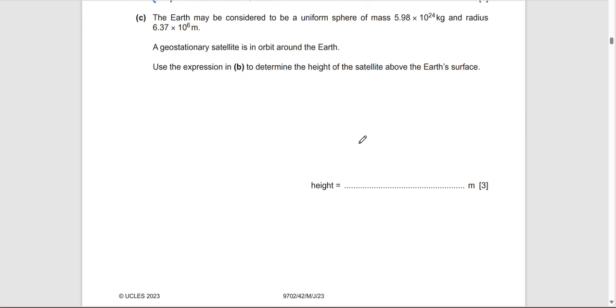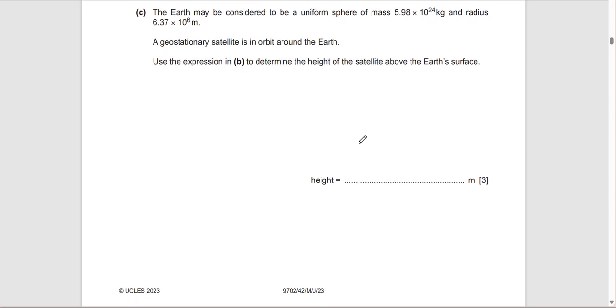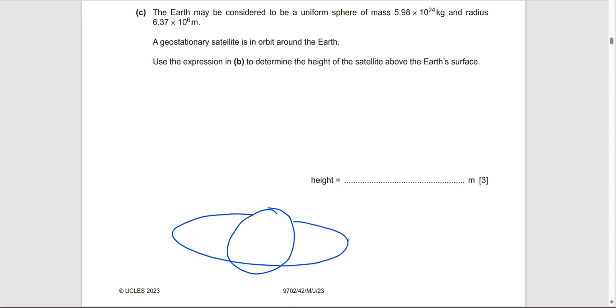Okay, so the illustration for this question is we have the Earth, and the outer line is the surface, and we have an orbit, and we have a satellite in that orbit, the geostationary satellite, right? So the question is saying determine the height of the satellite above the Earth's surface.